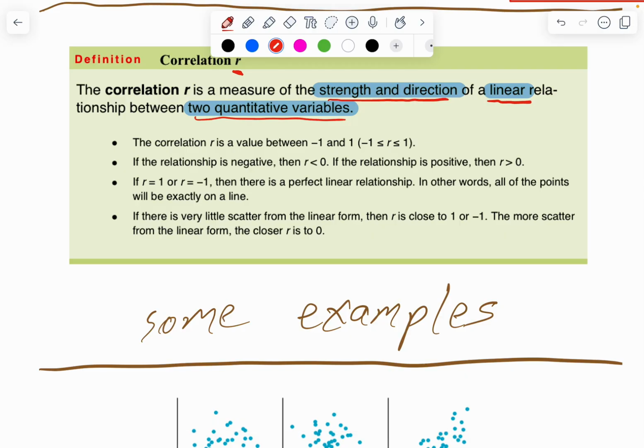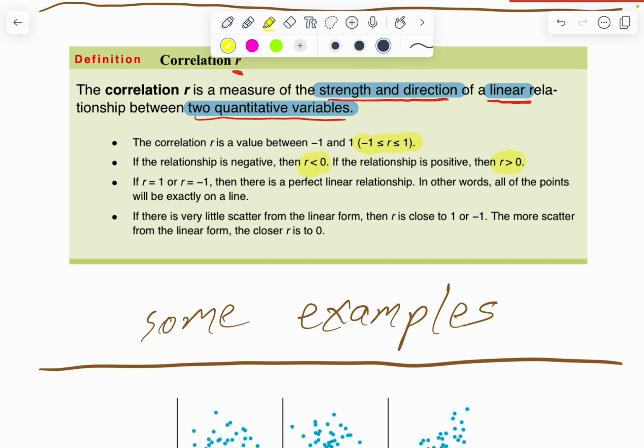Facts about the correlation coefficient that are really important to know: it can only be a number in the interval of -1 to 1, and I'll explain what different numbers represent in that interval. When the relationship is negative, the correlation coefficient is also negative, and if the relationship is positive, the correlation coefficient is also positive.